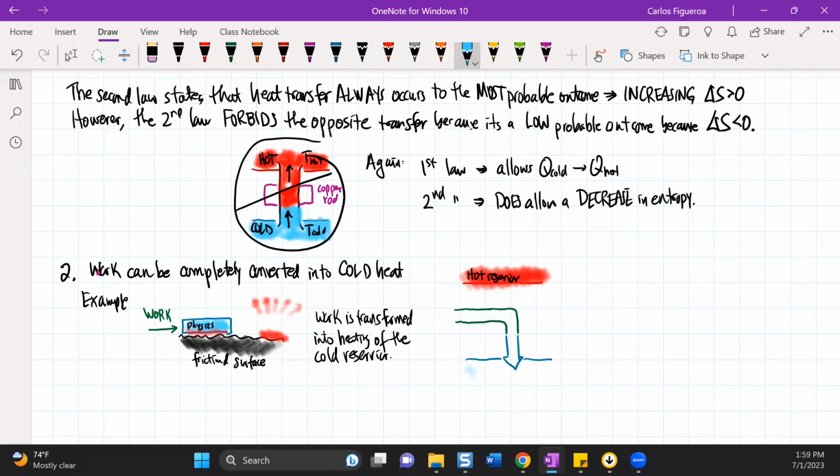So here's my cold reservoir. And then there's the transfer of energy. And this right here is the work. So now I have work, and the work is taking energy and moving it into the cold reservoir.